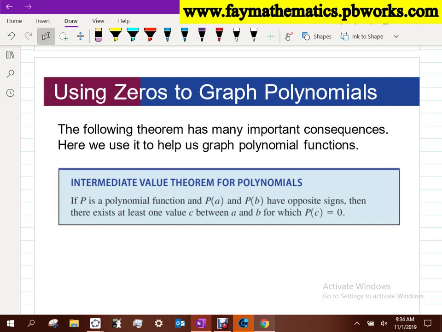Because I know I'm dealing with polynomials, right? Yesterday, we said if I can trace a polynomial with my finger, the whole thing, what was the word that we used for that? Continuous. Okay? So when I interpret this theorem, I need to realize that continuity is integral to this theorem because it's for polynomials.